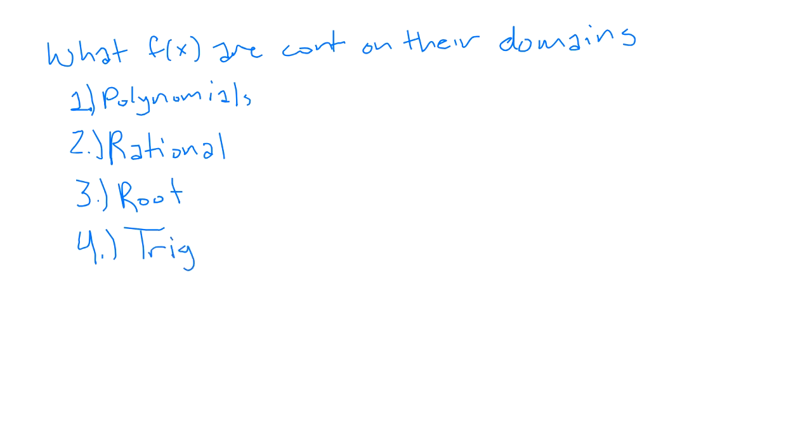For example, the tangent function does have discontinuities. Our inverse trig functions, once again, you have to watch the domains on those because those definitely have a lot of discontinuities if you look at full intervals, but on their domains, they are continuous.